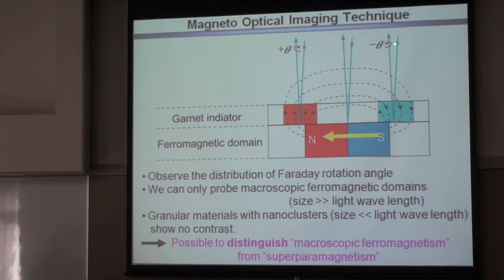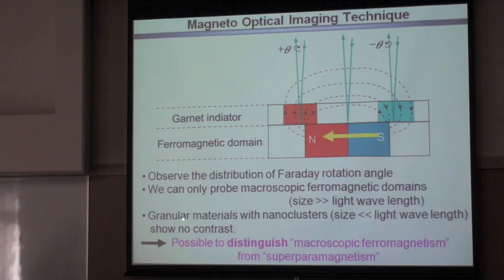So the Faraday rotation angle is just the opposite. So we see such a red area and blue area, the pair of red and blue areas, which is the ferromagnetic domain. And if the size is greater than the light wavelength, we see such domain structure in the image.